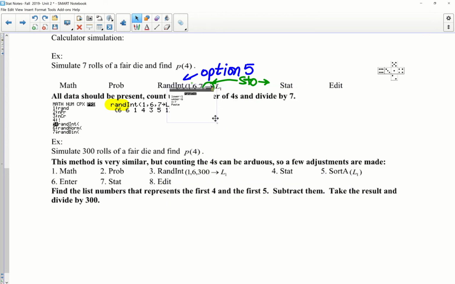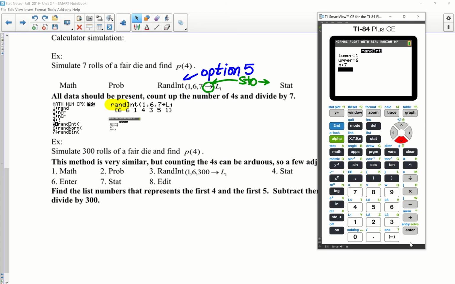So this is for the newer calculators. Well, actually, I don't even know what's new anymore. You could still buy the older models as new calculators, so it is what it is. The problem is it won't automatically store it, so you have to replace that close parentheses by hitting store and then second one, and then it'll do the same thing again.